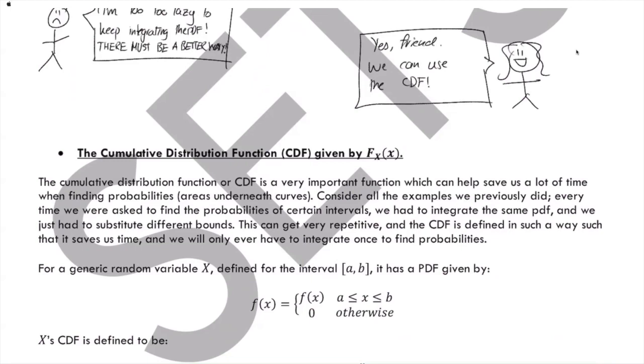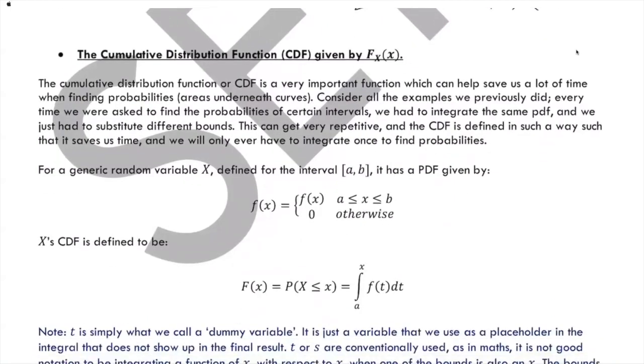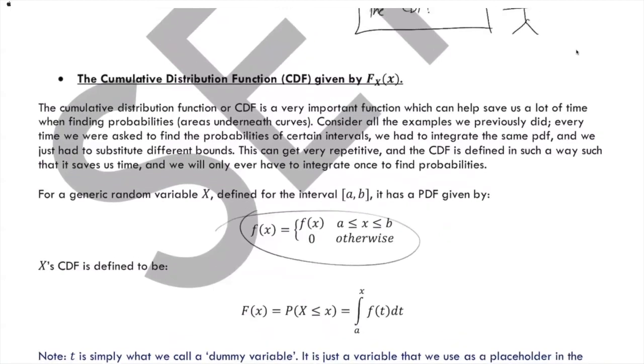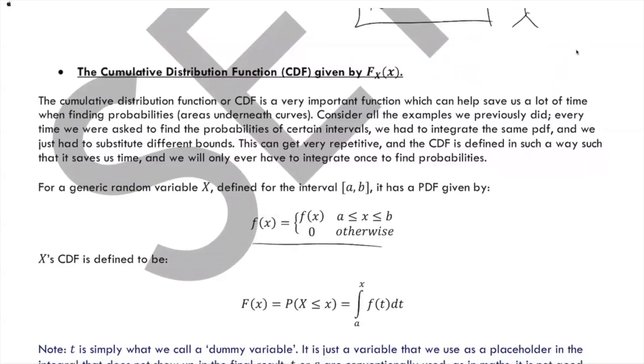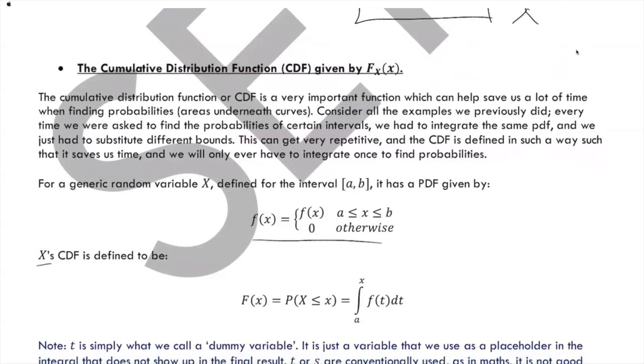Okay? So let's say I had a generic random variable x, which we keep referring to, right? The one I gave by the survival function, and it's defined on the interval a to b. We've given the PDF. So x's CDF, the random variable x, it has a CDF denoted by this.